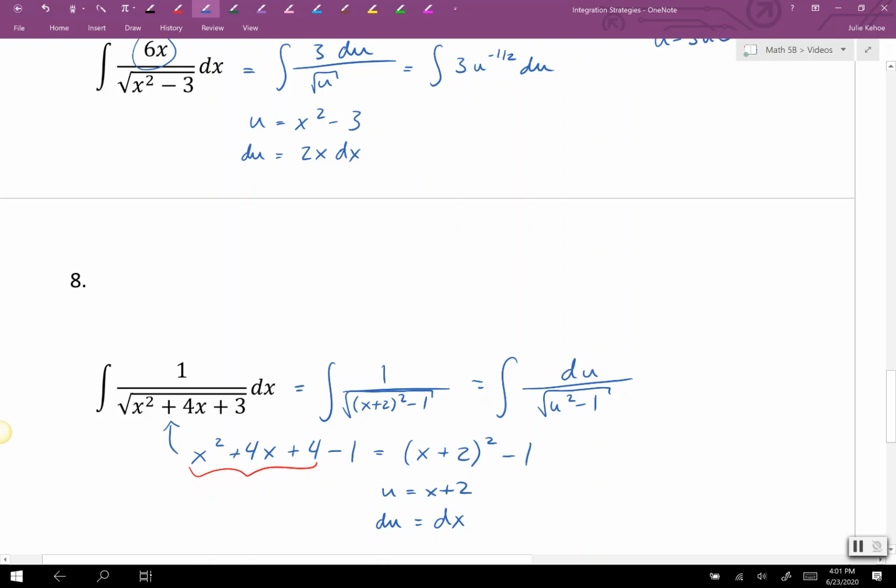And that is something that I can do a trig substitution on, where u is equal to secant theta. So I'm not going to work out the whole thing, but that will work out now that I have completed the square. So what worked on this one was completing the square, along with a u sub, and then a trig sub. So complicated, but still possible, which is the most important thing.